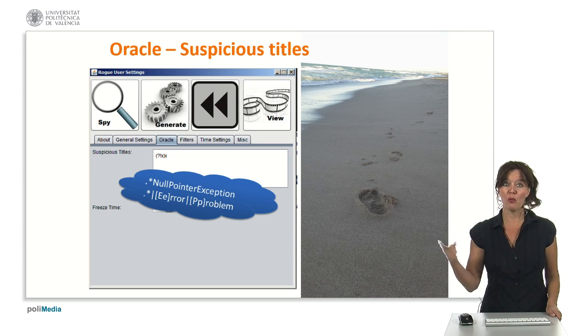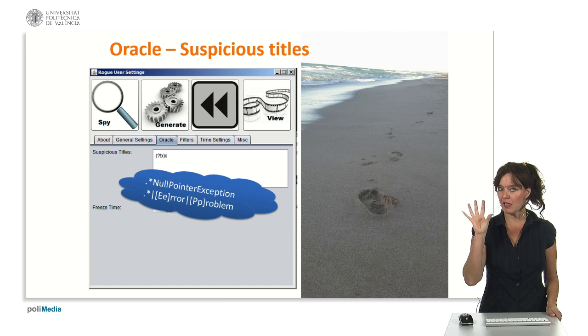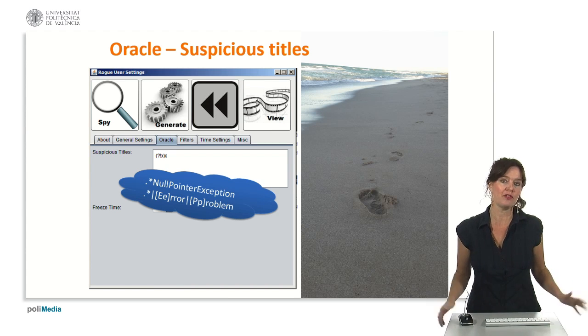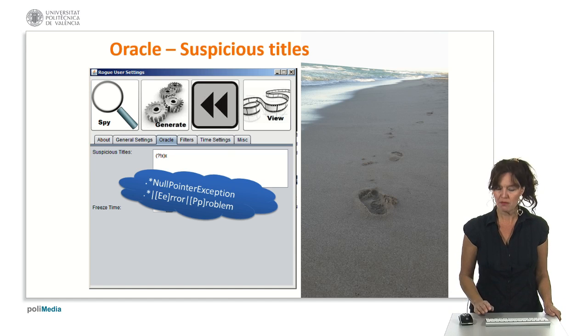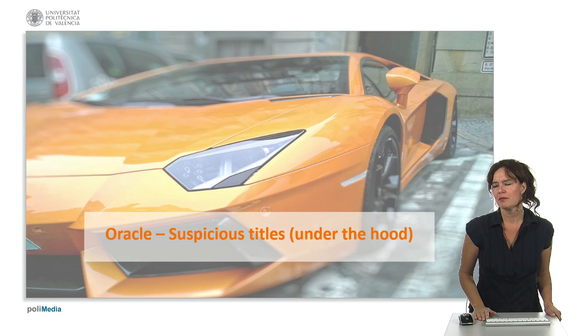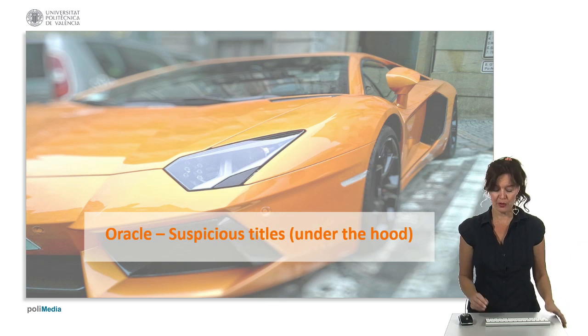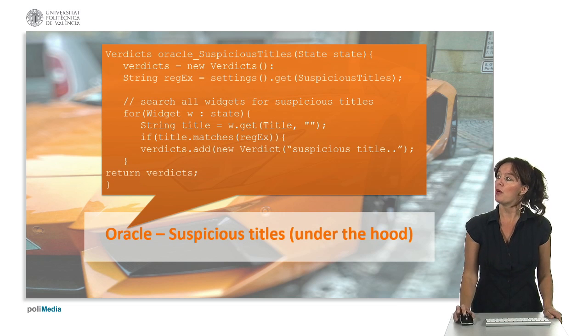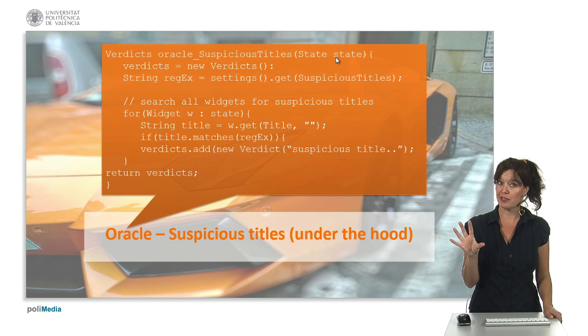And then Testar, when it runs, in each state, will check whether the title of a widget contains one of these suspicious words. Under the hood of Testar, looking at these suspicious titles, we have another oracle. And the oracle has the same structure as the other one, which is oracle suspicious titles. It takes as an argument the state the user interface is in at that specific moment.